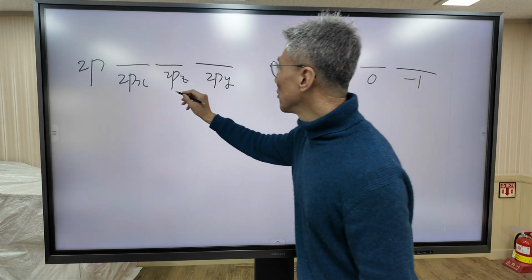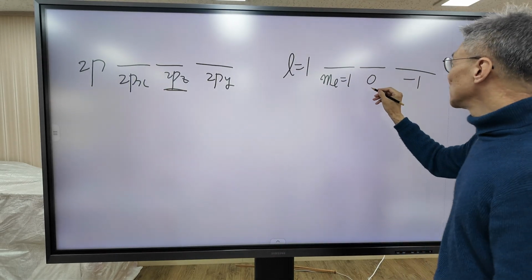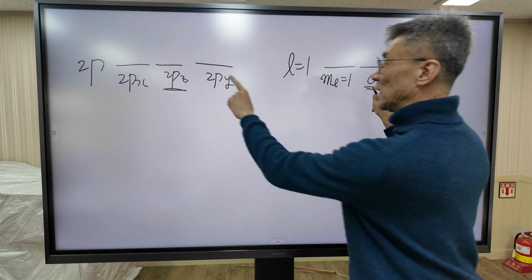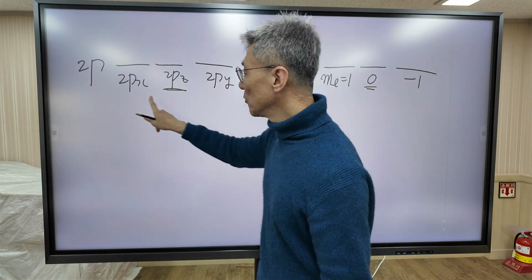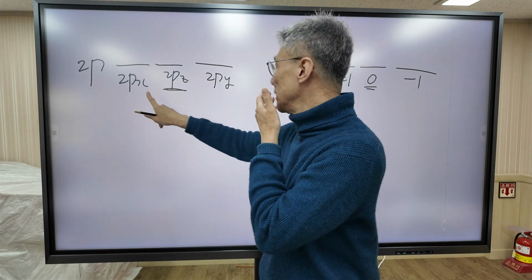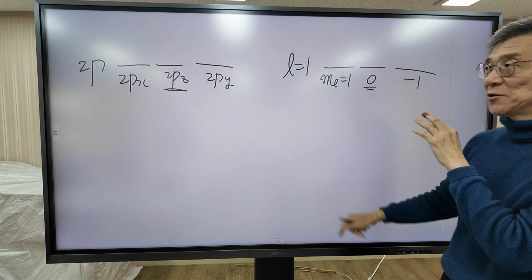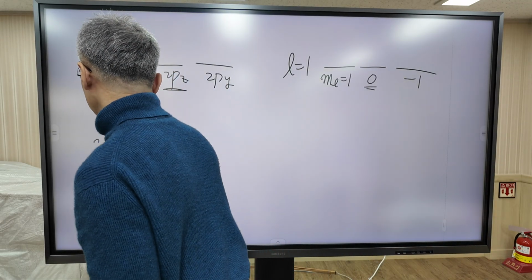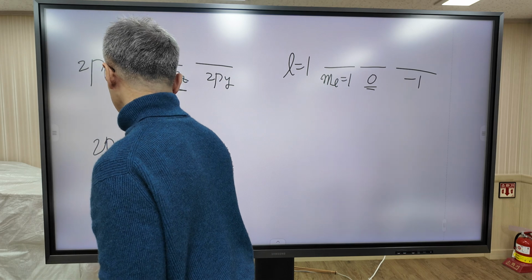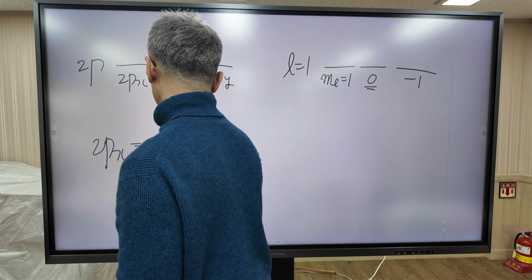Actually, 2pz orbital is identical to the ml equal 0 orbital. These two orbitals are the same. But 2px orbital is not equal to ml equal 1 orbital. It is different. Actually, 2px orbital is the sum of these orbitals.